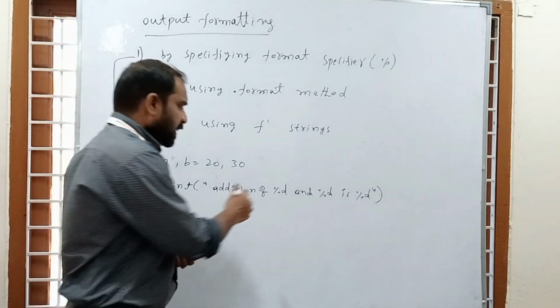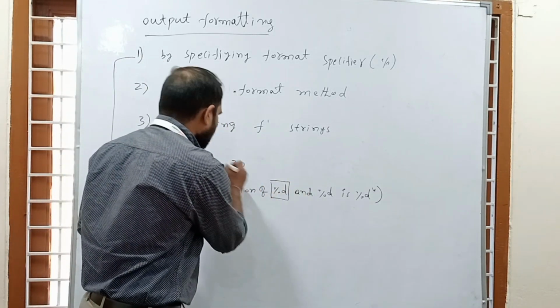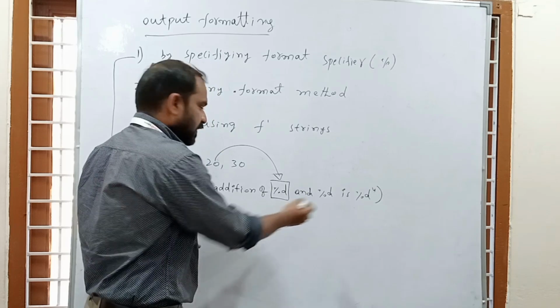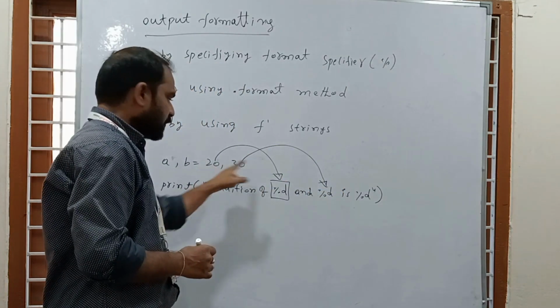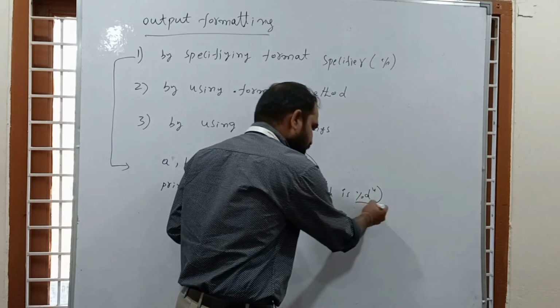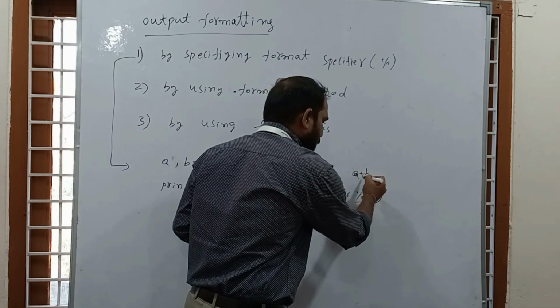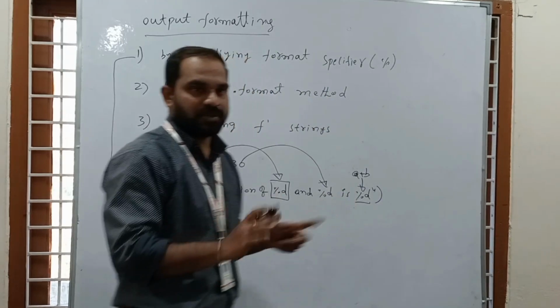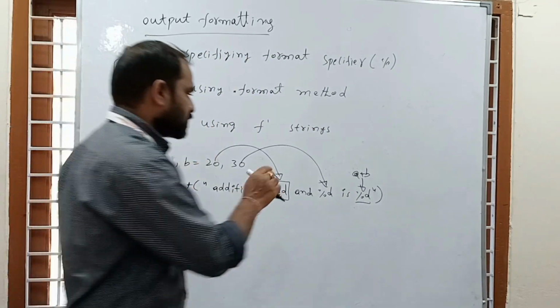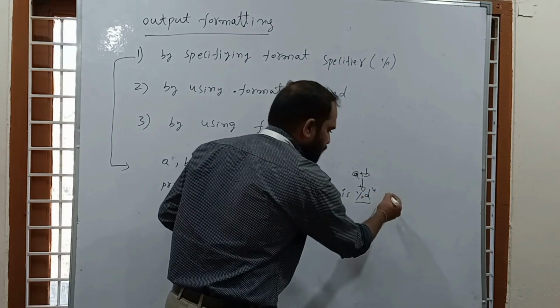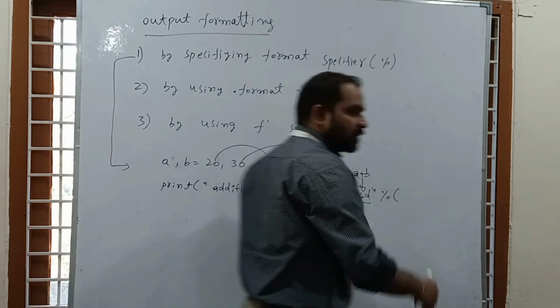But in the place of the first %d, I want to pass 20. In the place of the second %d, I want to pass 30. And in the place of the third %d, I want to pass a plus b. How can we do this? By using the format specifier, which is percent. After the string, just specify percent. How many values do we need to pass?